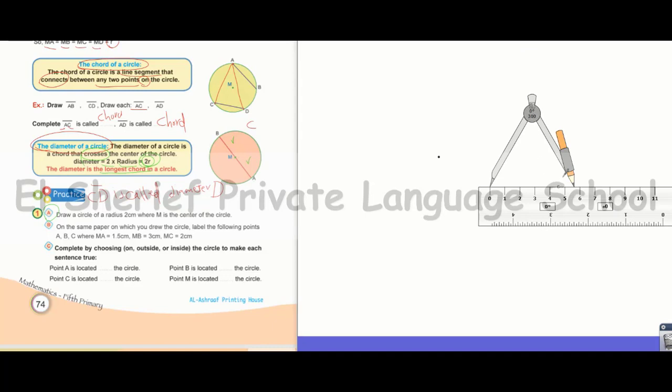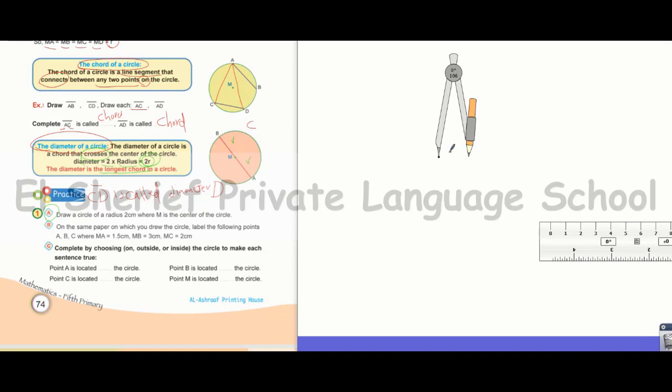Then we open our compasses 2 centimeter, because the radius equals 2 centimeter. Then put the metal tip on the center. Then draw the circle.